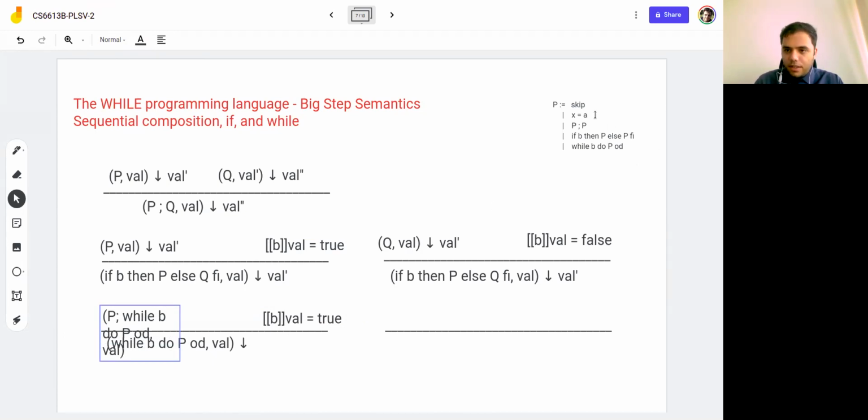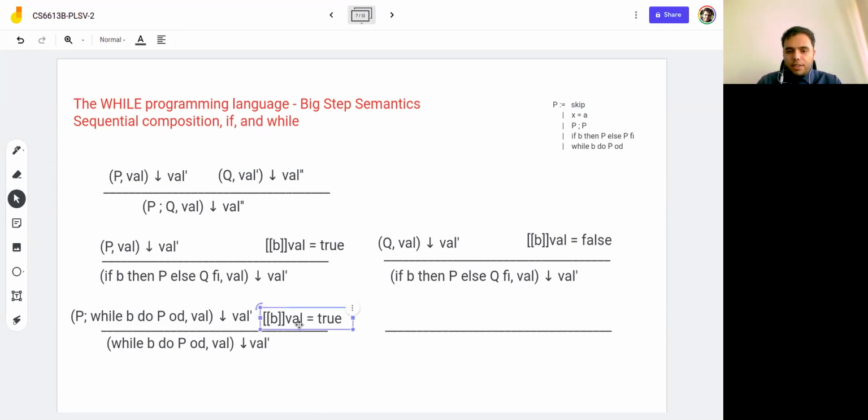And if from here you go to val prime, then here you will also go to the same place, val prime. So the idea is that if the while guard is true, then I have to run one iteration of the while, and then I have to run the while all over again. So I can just see where that lands me. For example, if it lands me at val prime, then I will also land at val prime.